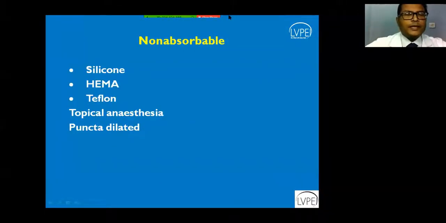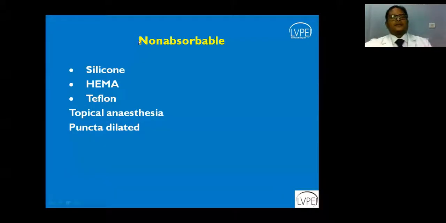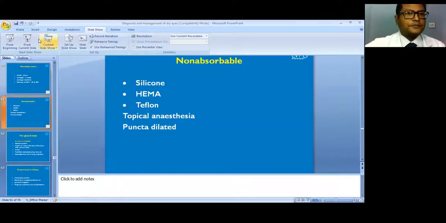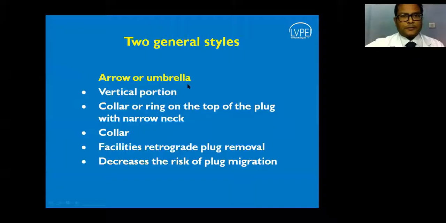Non-absorbable materials include silicone, hydroxyethyl methylacrylate, and Teflon. They are usually placed under topical anesthesia and the punctum is also dilated. There are two general styles of punctal plugs.